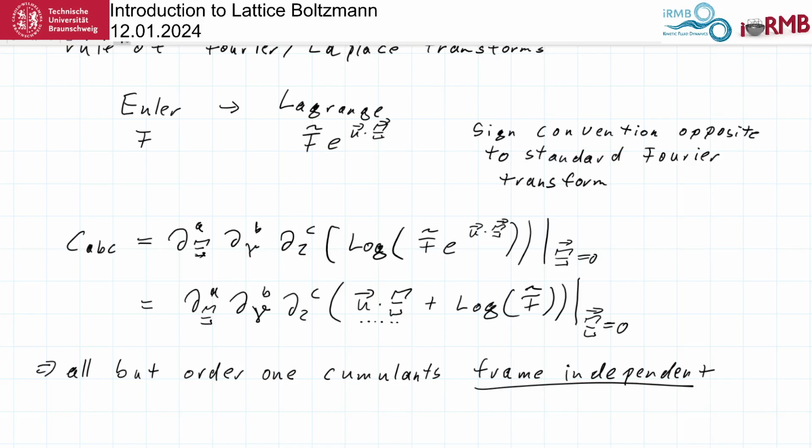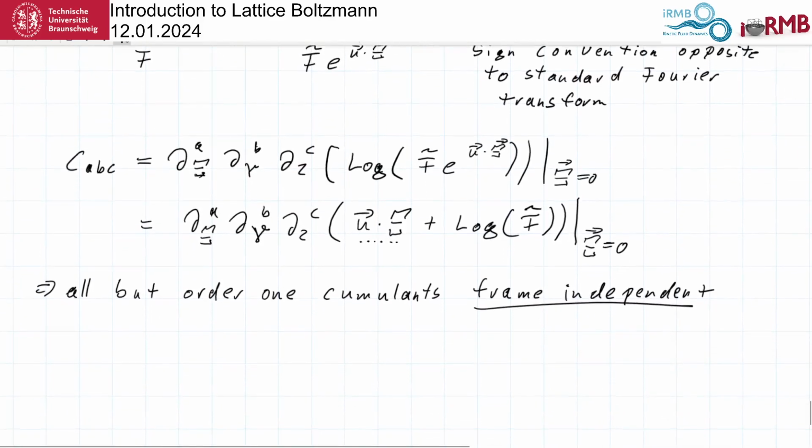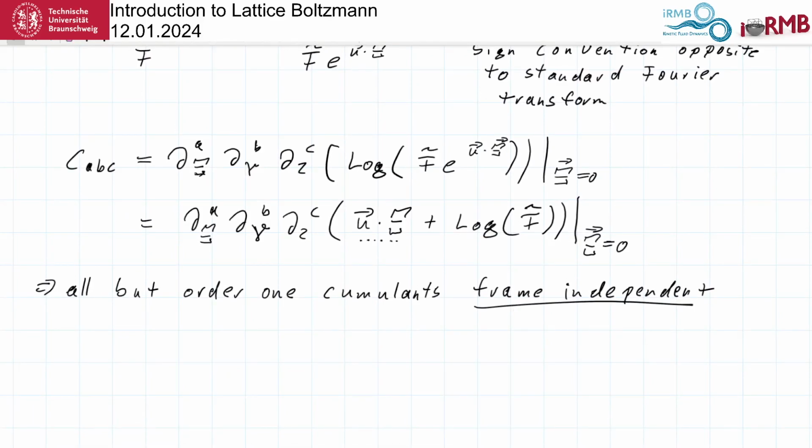Now from an efficiency point of view, it is better to do the transformation between the moments and the cumulants in terms of central moments than in raw moments, because we have to compute them from some moments.